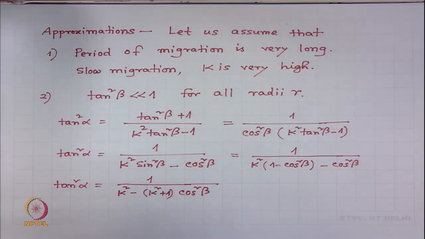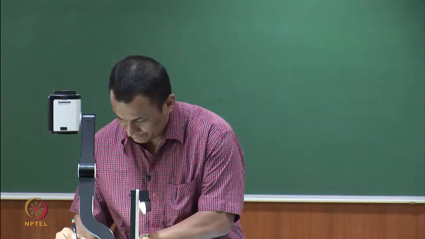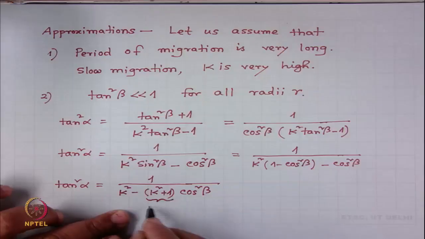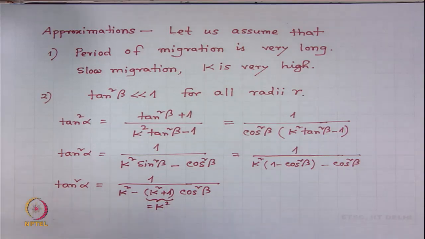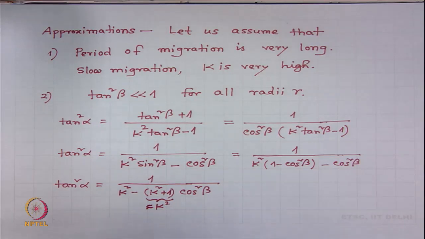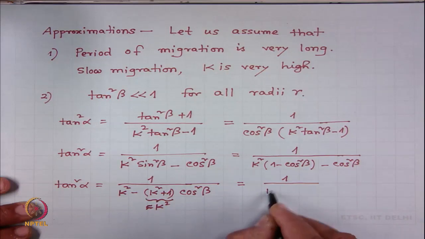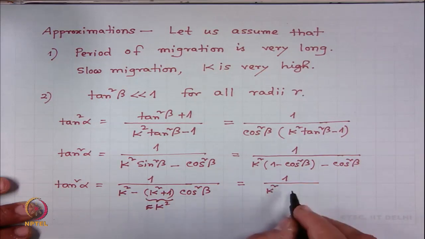K is very high, so k square is very high, k square plus 1 is a very high quantity, plus 1 remains very high. Approximately equal to k square. Then it becomes k square into 1 minus cos square beta, so k square sin square beta.